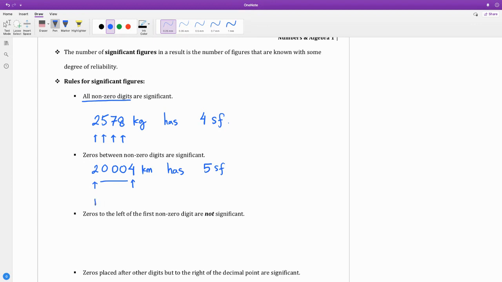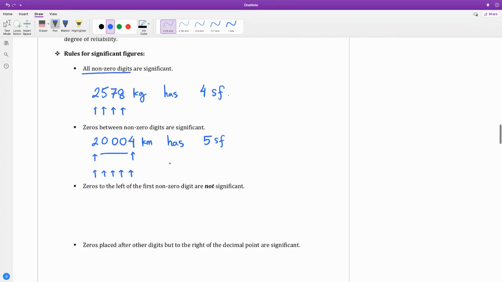So we have 1, 2, 3, 4, and 5. Remember, the first one, all non-zero digits are significant. The zeros between non-zero digits are significant.